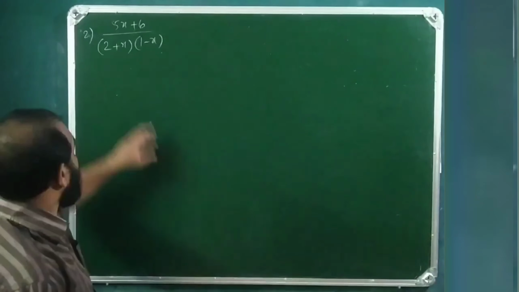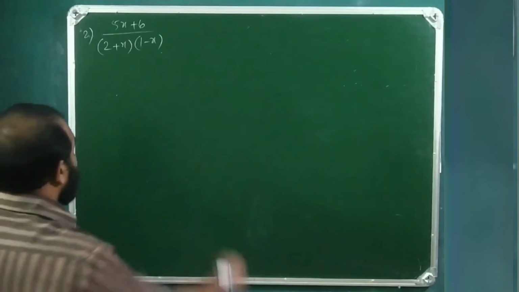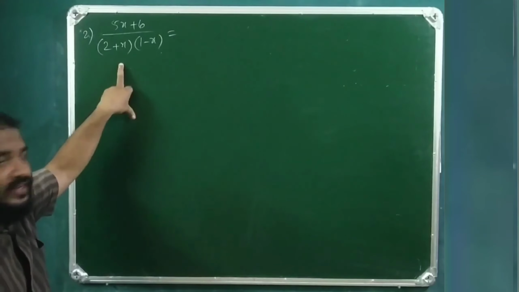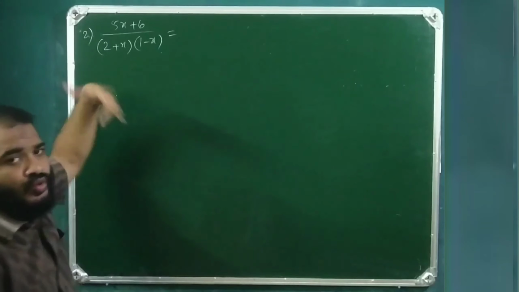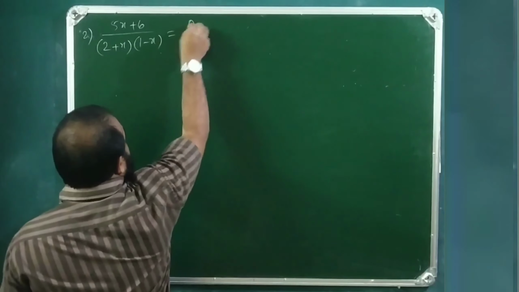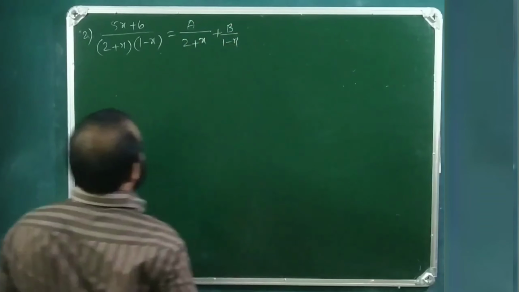The second question: 5x plus 6 by (2 plus x) into (1 minus x). The denominator contains two non-repeated linear factors, so therefore two constants are going to be used. So A by 2 plus x plus B by 1 minus x.